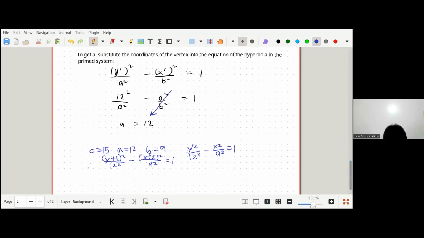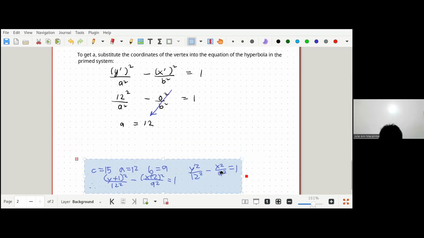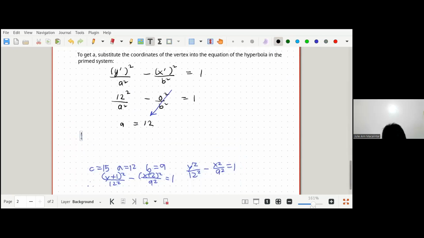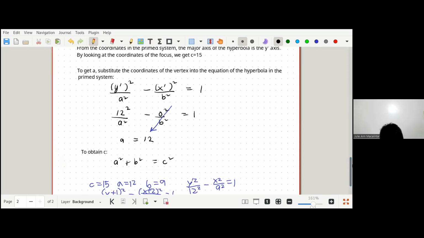And then finally, paano nakuha yung b? To obtain b, yung kinamit natin yung working equation, diba? A square plus b square equals c square. Sorry, not c.